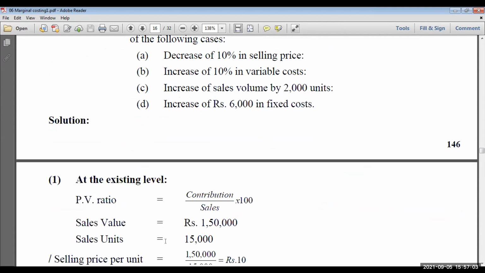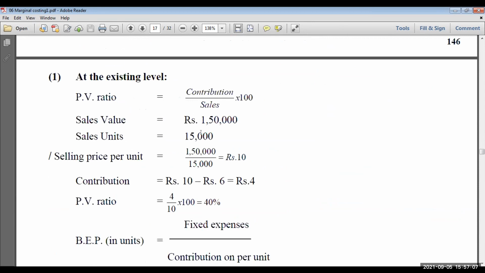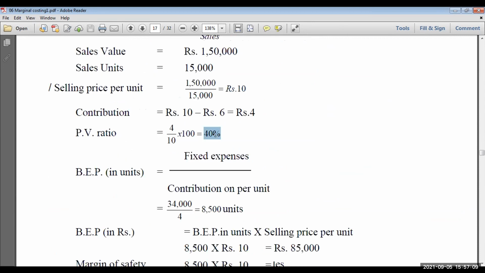Yeah, 40% PV ratio. Correct. The given point is 8,500 units.